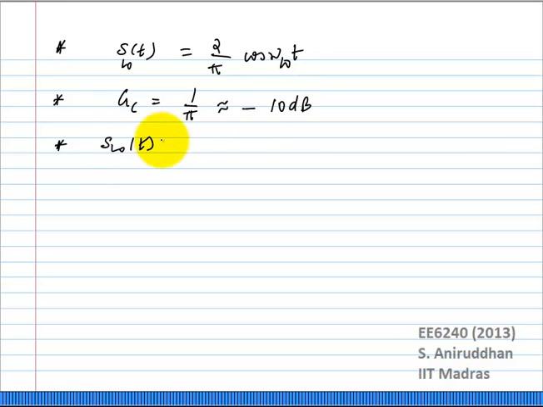S_LO of t has an average value of 0.5. What does that mean? What significance does this have? It has a DC value of 0.5. So what happens? Your RF directly feeds through to the IF port.